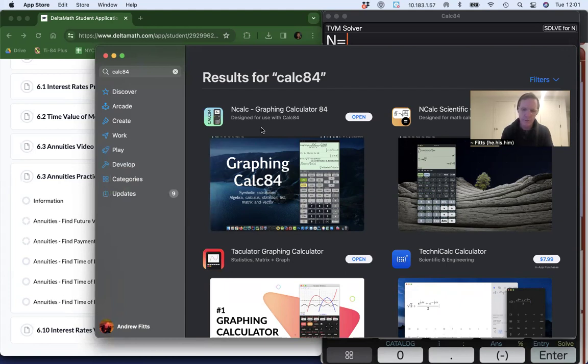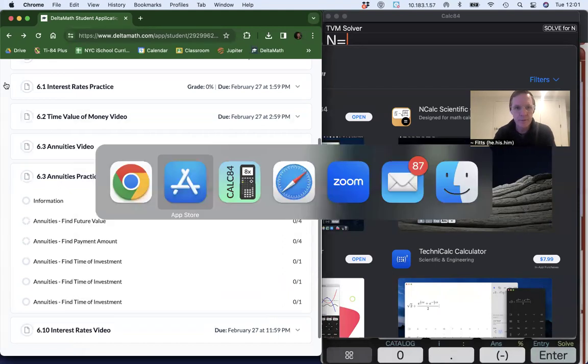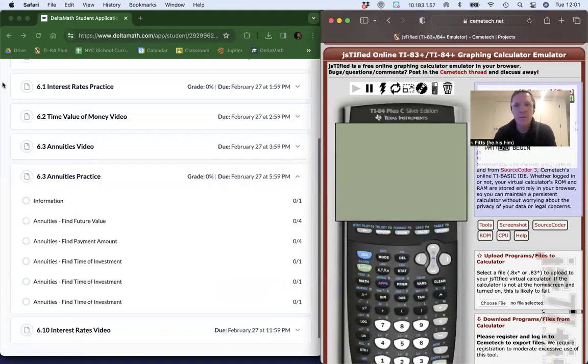They're not free, I think they're like $6, but that's way cheaper than buying a graphing calculator. So check those out. There's another free one, which is also an emulator, and I'll post a link to that. So let's take a look.